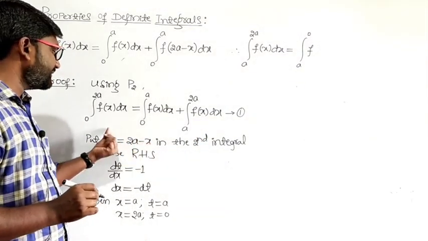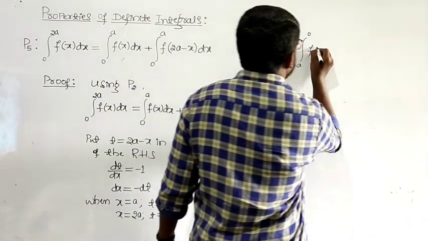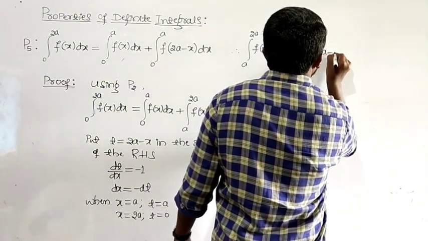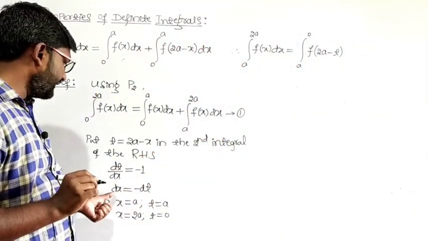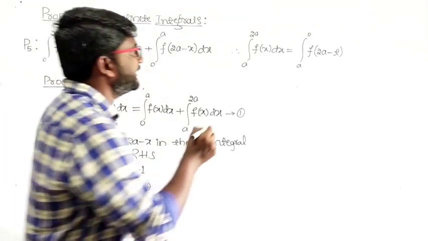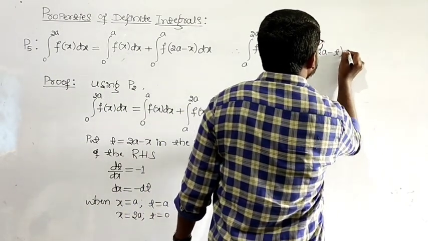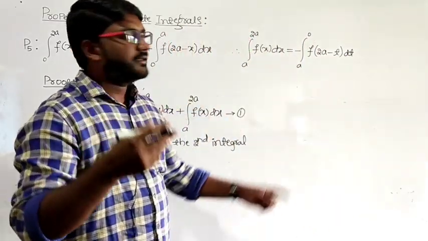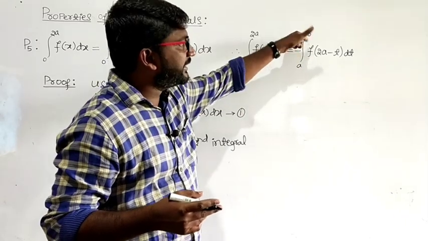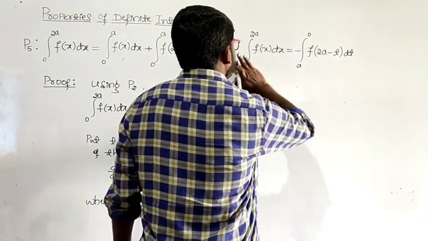Take x to the LHS and t to the RHS: x equals 2a minus t. So in the bracket I write 2a minus t, then dx is minus dt. I will write the minus outside the integral. Now by property P1, if you remove this minus sign, we have to interchange the limits.